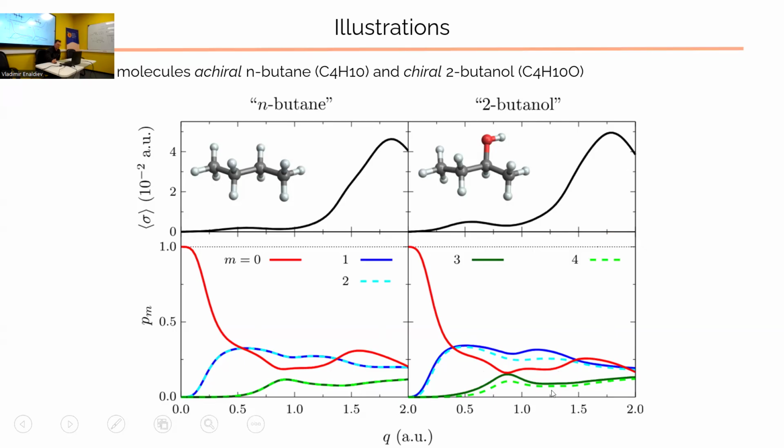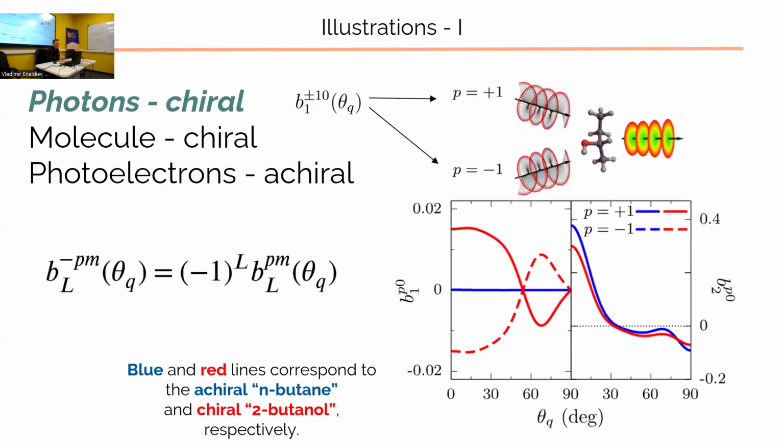As you can see, for example for momentum 1, more than 50% of photoelectrons are chiral vortex photoelectrons with non-zero vorticity.